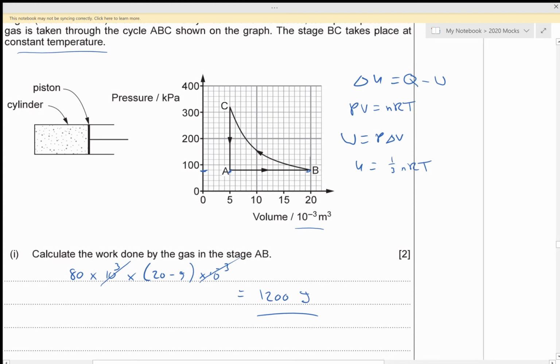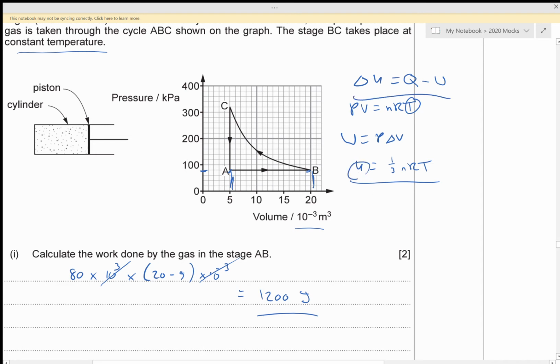A, B. We know that work is done, and we know the amount of work that's being done as we go from A to B. So let's have a think about the internal energy here. The internal energy of the system depends on the temperature, depends on PV. This is constant pressure as we go from A to B, but the volume has increased. So in order for that to happen, the temperature has increased. Therefore, the internal energy of this system has increased.